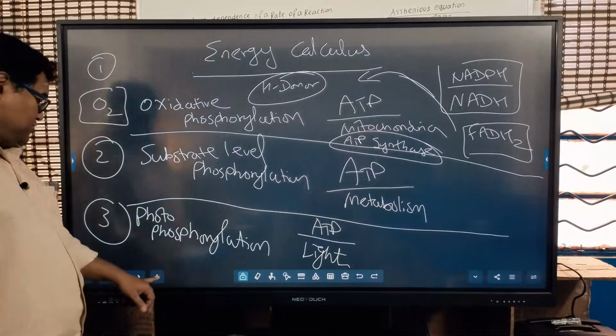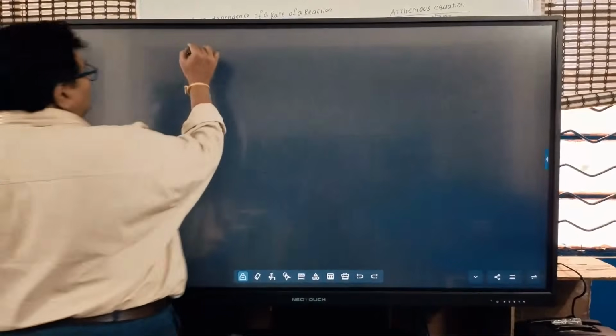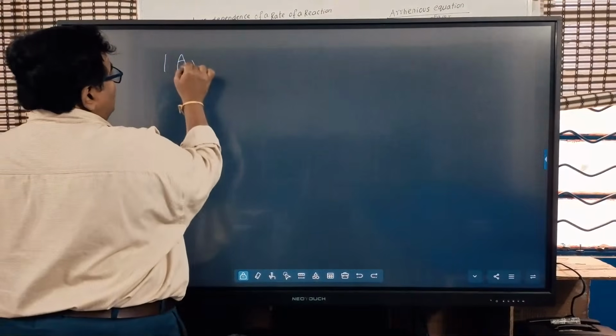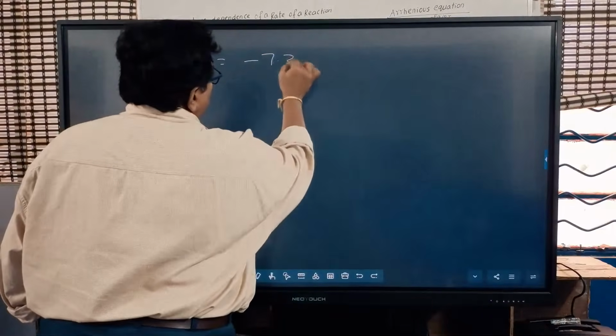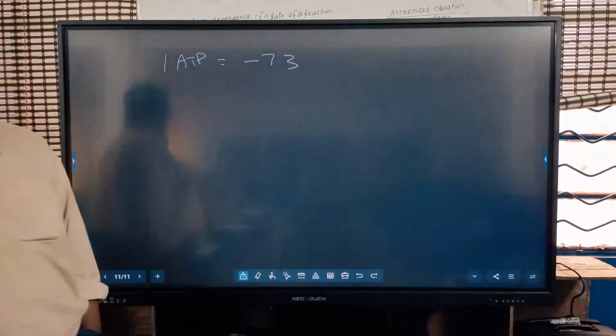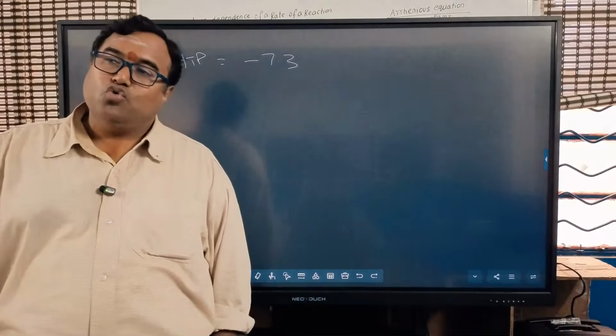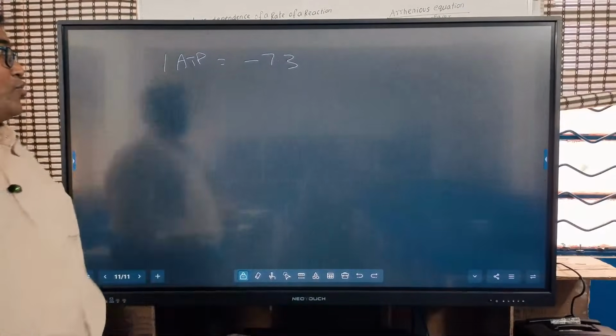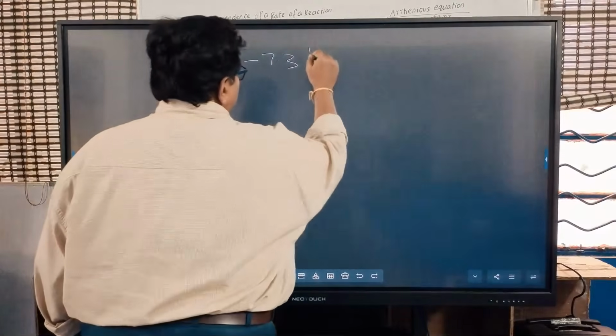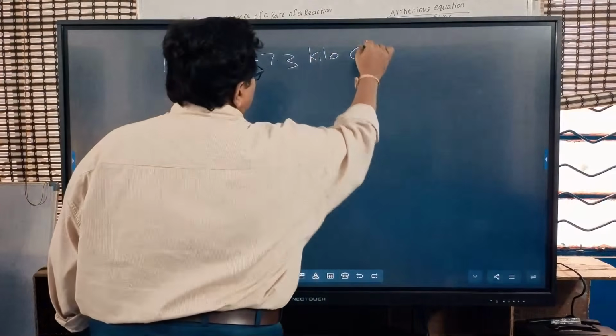Right. So now we're talking about 1 mole of ATP giving rise to minus 7.3 kilocalories. I did not say one molecule; one molecule is wrong.